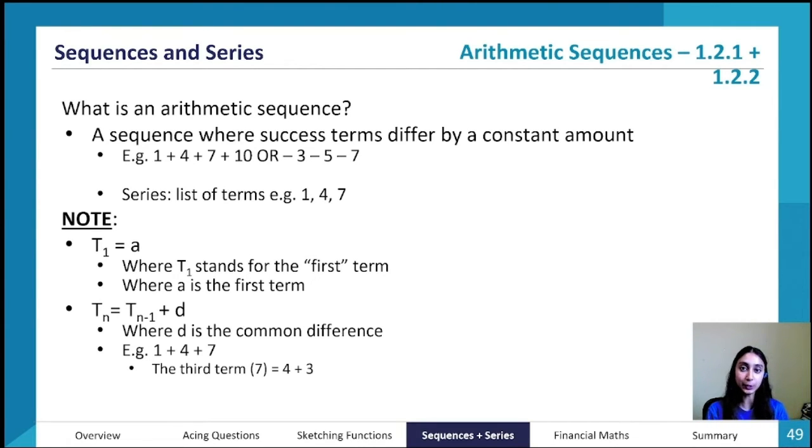A is known as the first term. So when I get to the equations, A is the first term, T1. Okay, Tn means the nth term, and it will be equal to whatever the last term was plus the common difference. Okay, I feel like this will make more sense once I actually go in with an actual question.